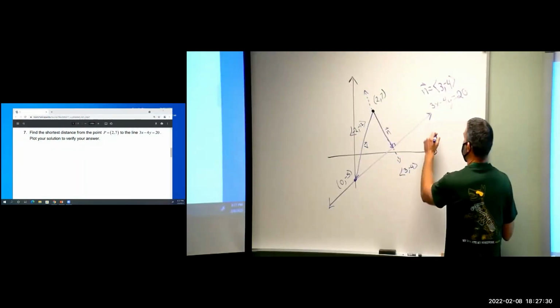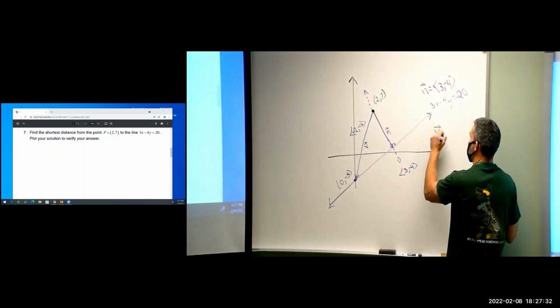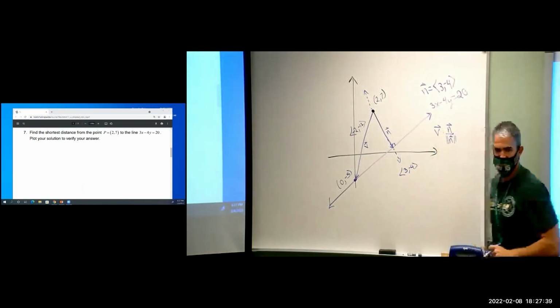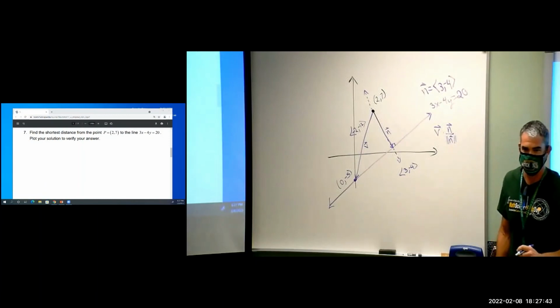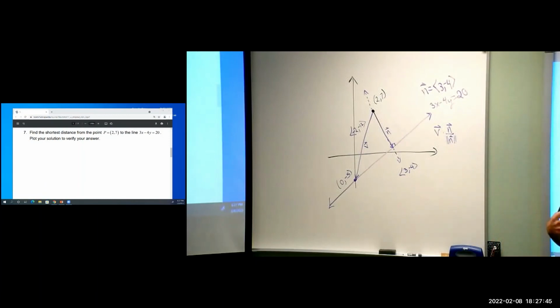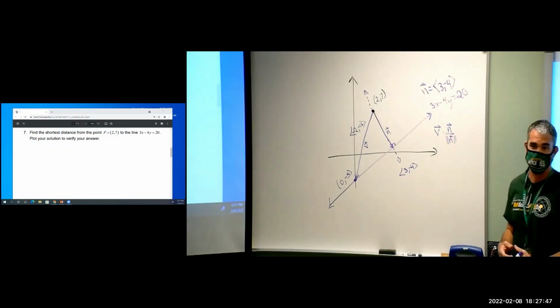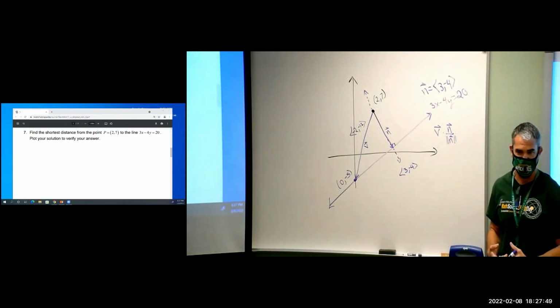So what we need is V dotted with the unit normal vector in the direction of N. Does that make sense? I wanted to do this one with you because I don't think it's obvious how the dot product fits in initially.